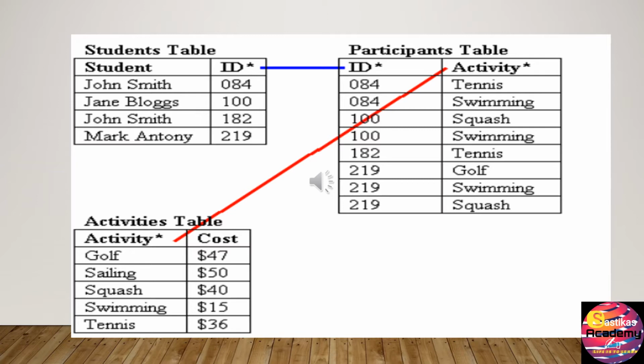That activity is formed in another table, and the activity cost is formed in a table. This is how we create a relationship among the tables in a database. Then only can we retrieve the correct information from the tables.